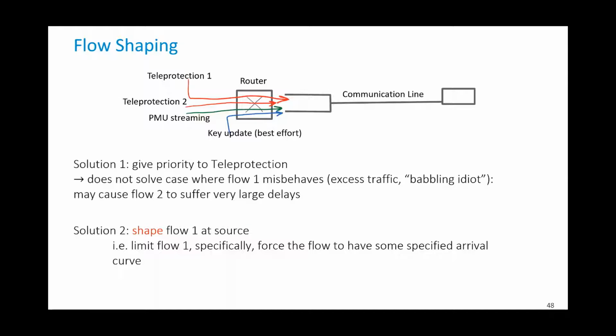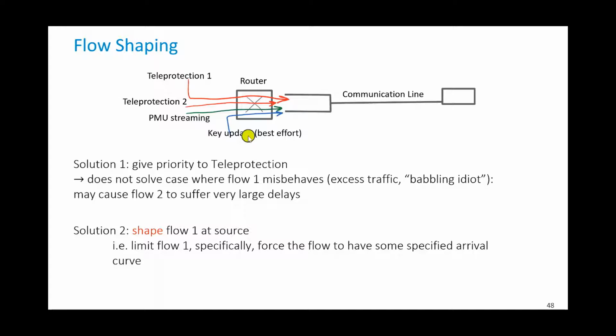We wanted to protect the critical traffic from problems that are due to non-critical traffic. But what if one of the PMUs or one of the sensors starts sending a huge amount of traffic here? Then what will happen is that flow 2, which is lower priority, will have very large delay. For example, if we're in the case that we had before, that the rate of the high priority traffic is larger than the rate of the server, then all the other low priority things will be denied service. So that's an issue.